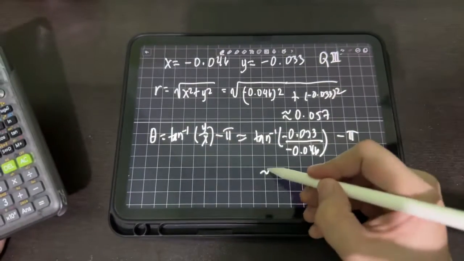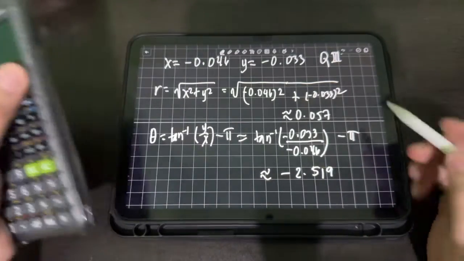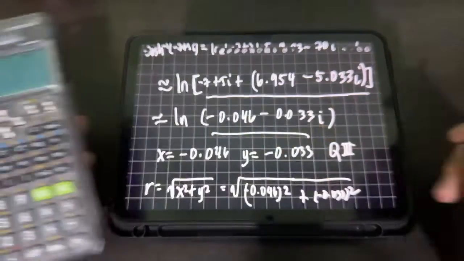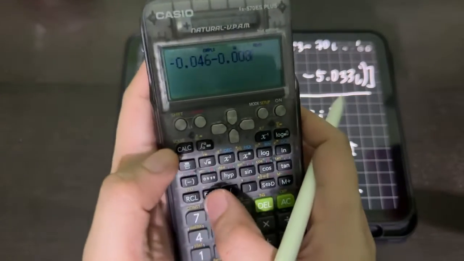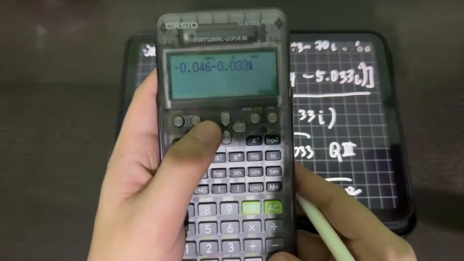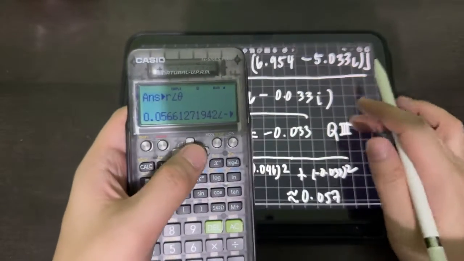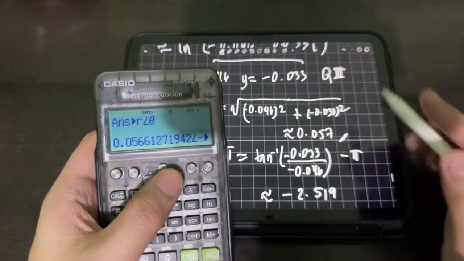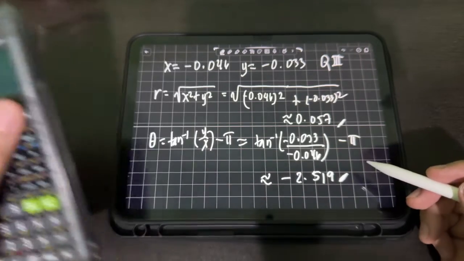Approximately negative 2.519 rad. Or you can just input negative 0.046 minus 0.033i directly in your calculator, then shift to 3, and you will see you get the same r, approximately 0.057, and the same theta, approximately negative 2.519.